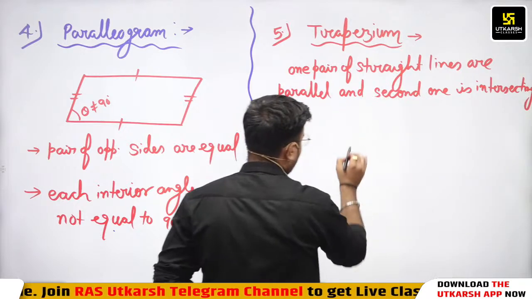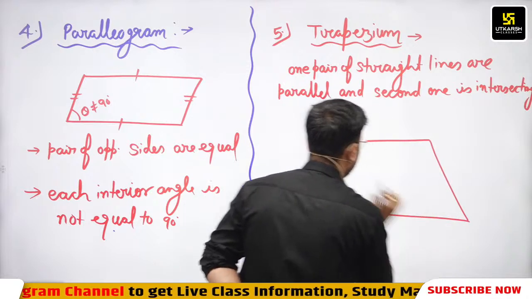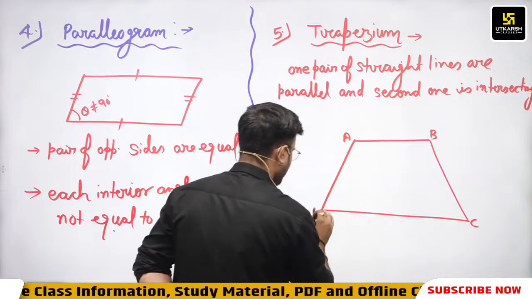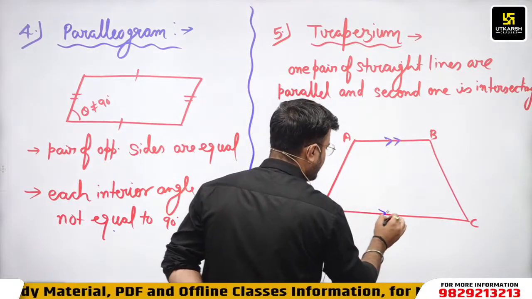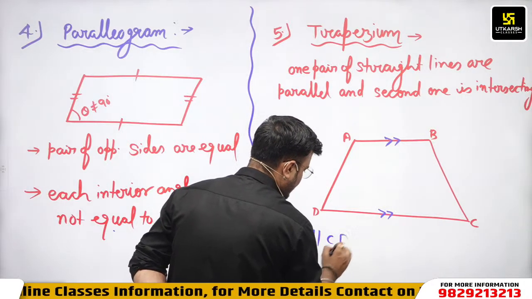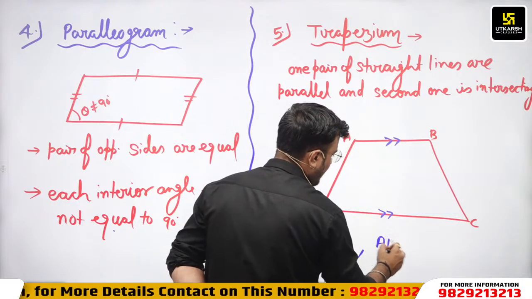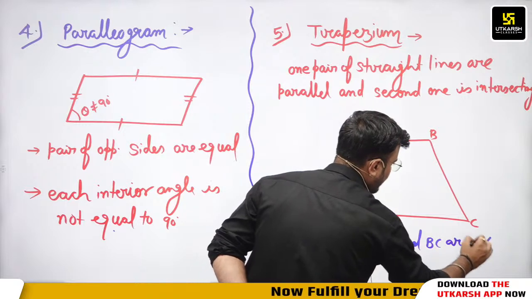For example, you are able to see this figure. So in this figure, A, B, C, D, AB is parallel to CD, and AD and BC are intersecting.